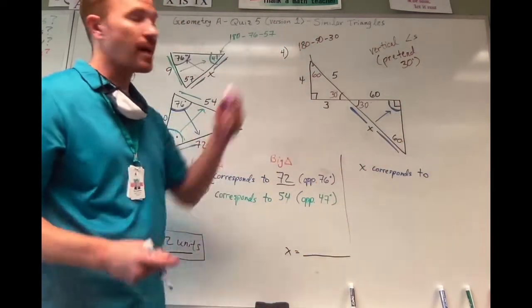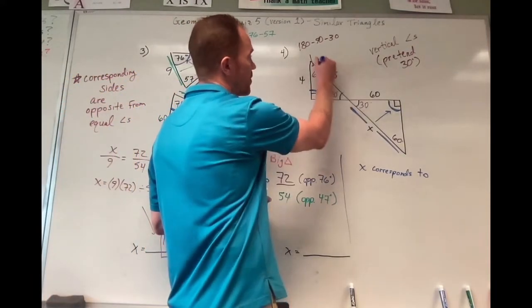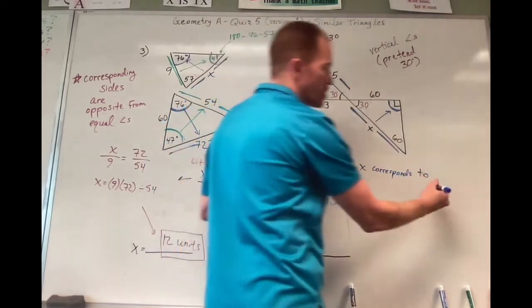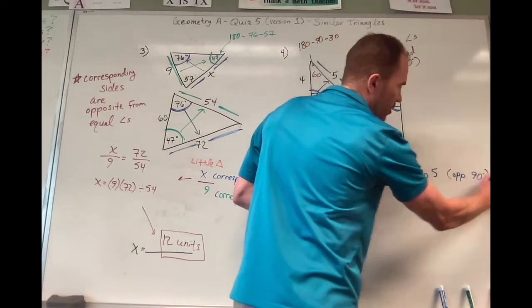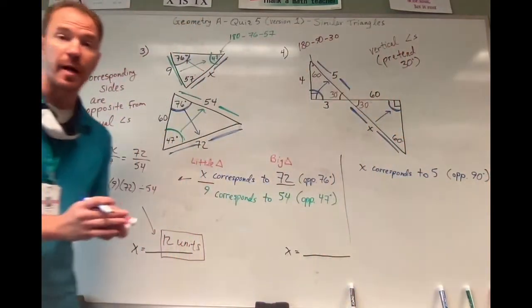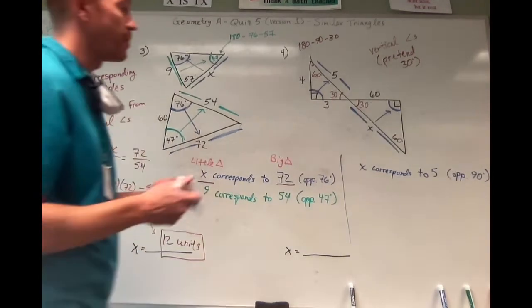So the corresponding side in the other triangle will be opposite from the right angle. So that's going to be the 5. So x corresponds to 5. They're both opposite the 90-degree angle. That's how I know they correspond. Again, corresponding sides are opposite from equal angles.